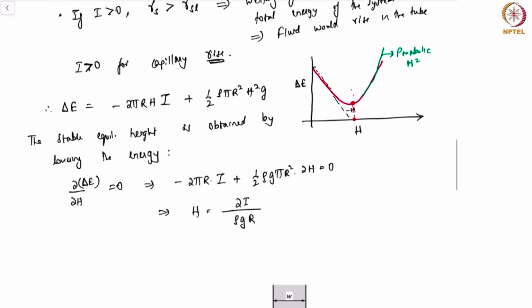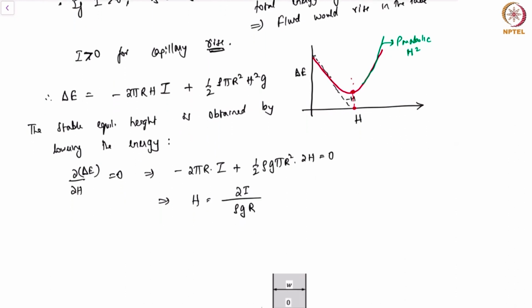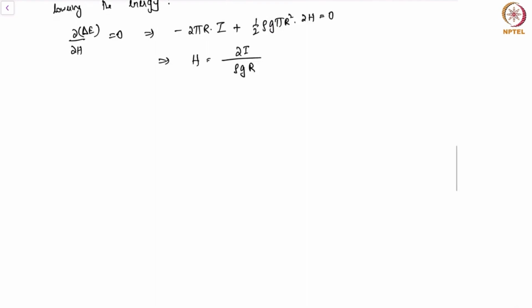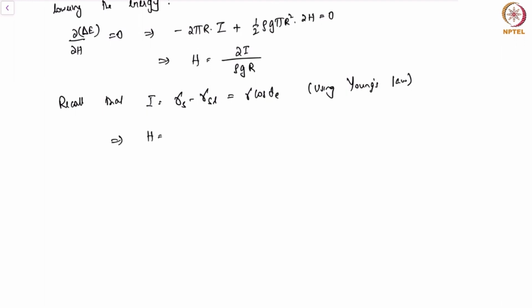And what is the expression for I that we had here? Recall that I was gamma s minus gamma sl, which is exactly the same as gamma times cosine theta e using Young's law, and therefore the final height would be 2 gamma cosine theta e by rho g r.